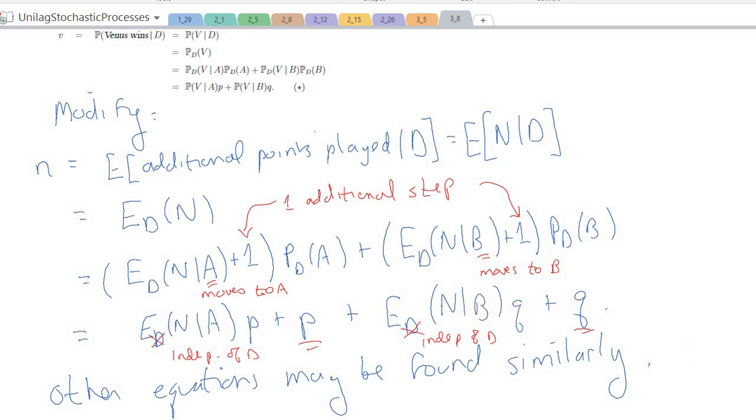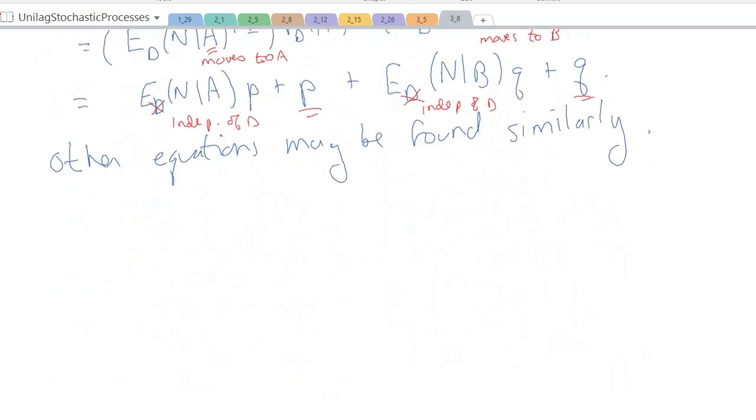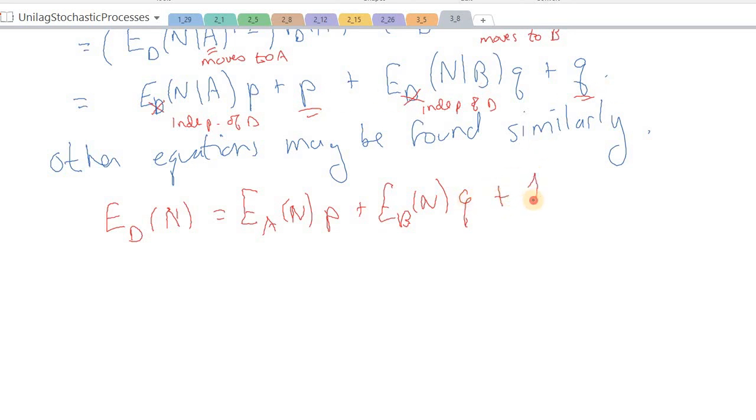So why don't I just write down the final equation that we get. The final equation for this case is that E_D of n is equal to E_A of n times P, plus E_B of n times Q, plus 1, because this P plus Q together combines to 1.